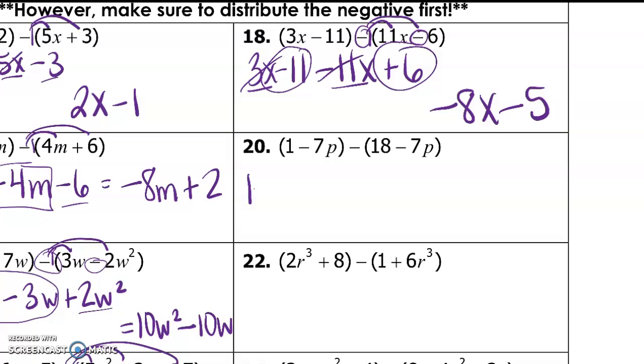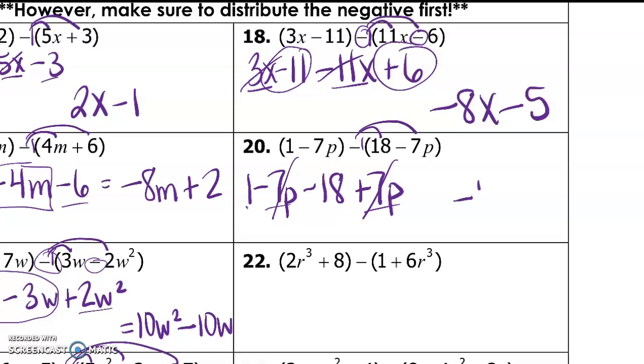Number 20, rewrite it. Then distribute the negative or the negative 1. So minus 18 plus 7p. So we have a negative 7 and a positive 7. So those cancel out. 1 minus 18 would give us negative 17. So it's possible that you have just a number for an answer.